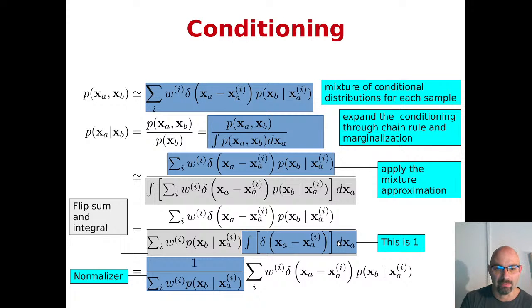So what remains on the bottom floor is the sum over i of the original weights multiplied by the conditional distribution of the sample evaluated in the conditioning variable.